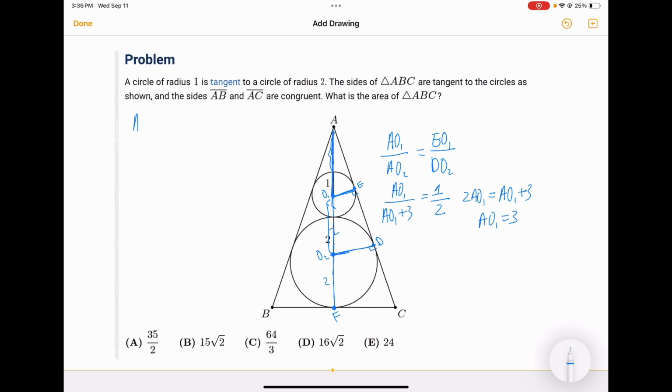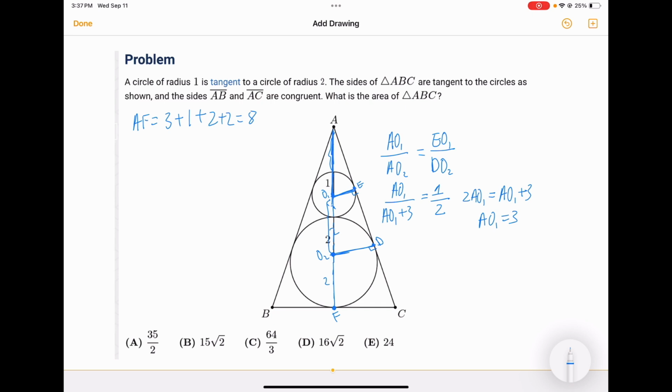AF would be AO1, which is 3, plus 1 plus 2 plus 2, which is 8. So now we want to find BC.